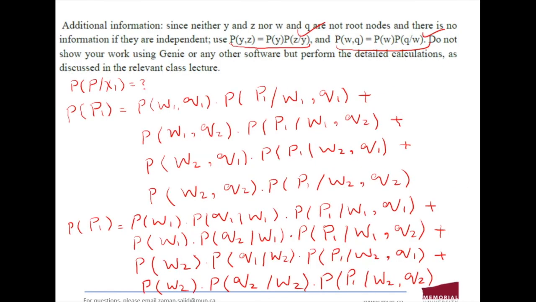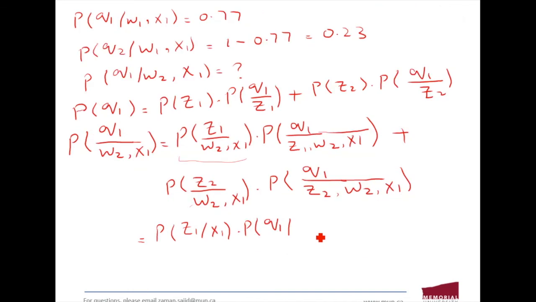So I can ignore my W2 and X1. So that will be equals to Q1 given Z1 plus probability of, again this term, we can ignore the W because W is not the parent of Z. So that should be Z2 given that X1 into the probability of Q1 given that Z2.